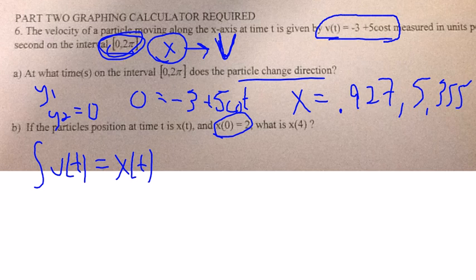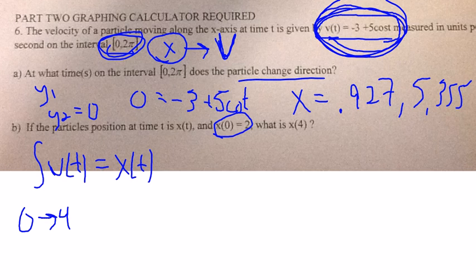So when I integrate this, which I can do without using my calculator, if I do the definite integral from 0 to 4, that's going to be the total distance traveled from 0 to 4 over that period of time.